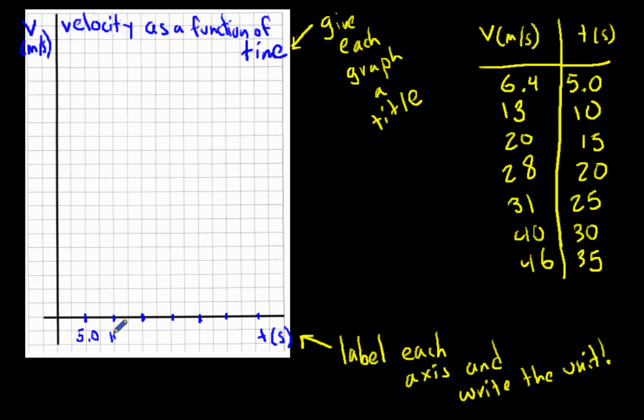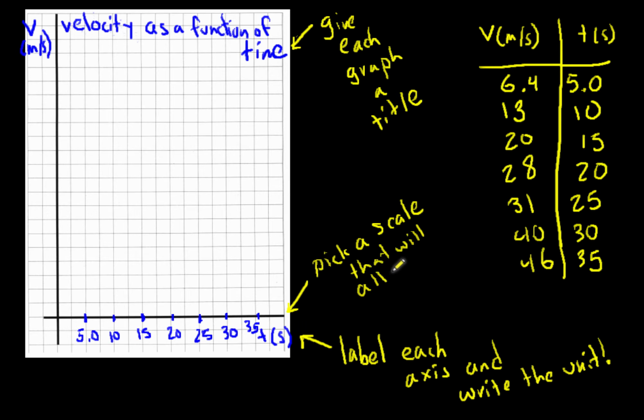It's good to pick a scale that goes up in easy to think about numbers. I like 5s and 10s, 2s, and multiples of these. Make sure that you pick a scale that allows you to spread out the data evenly over the whole grid that you have.